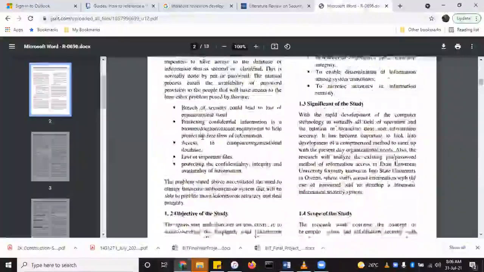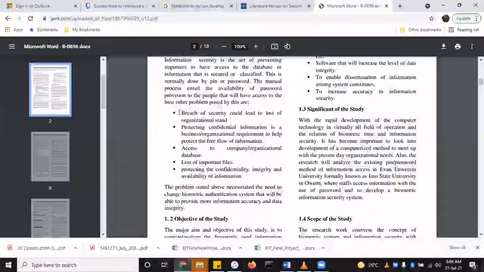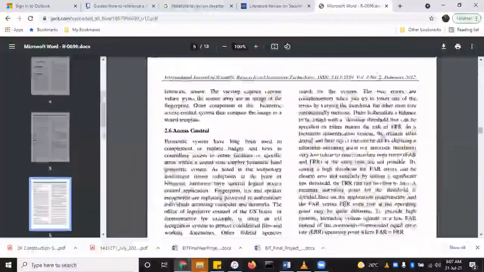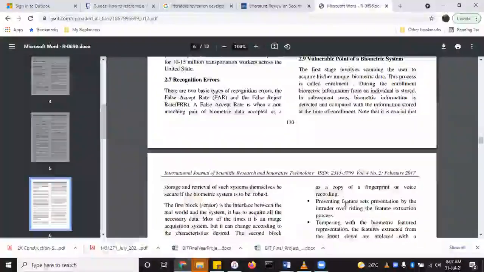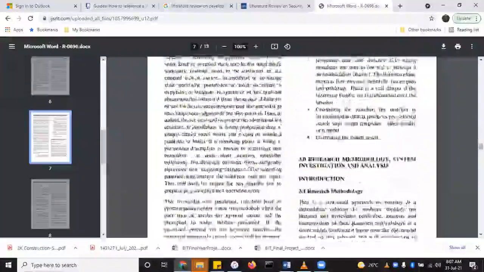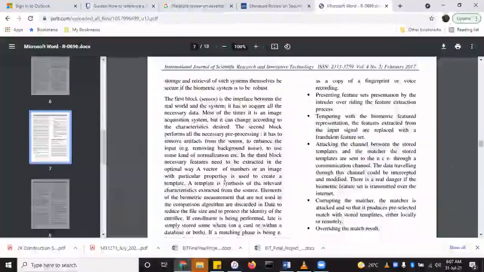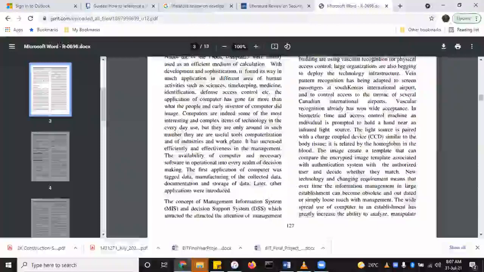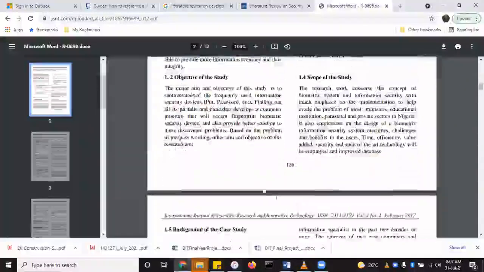Obviously he has really done a good job capturing his problem statements very well within his chapter 2. And like I said, that's what we're supposed to be seeing in your reports. Your chapter 2 has to have a heavy weight on your problem statement. And I'm guessing some of his objectives are also part of what he captured.